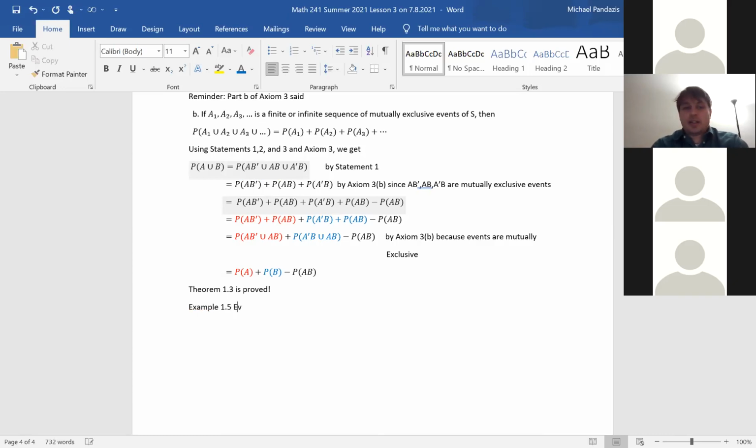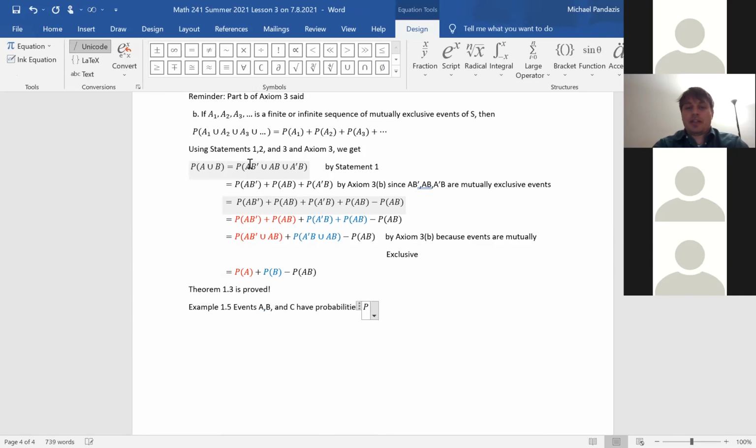Now, example 1.5. Events A, B, and C have probabilities P of A equal to 1/2, P of B equal to 1/3, and P of C equal to 1/4.